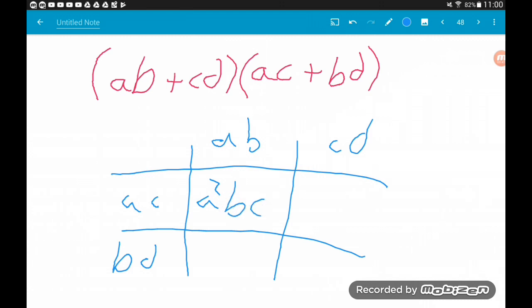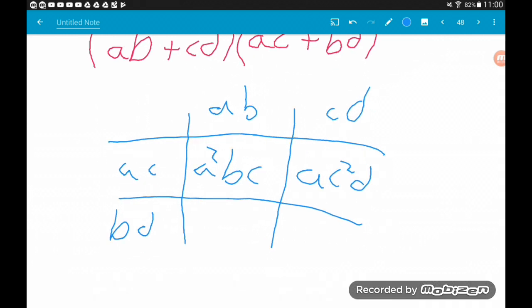Top right, ac times cd is going to give us ac squared d. Bottom left, bd times ab is going to give us ab squared d. And then bottom right, bd times cd is going to give us bcd squared.